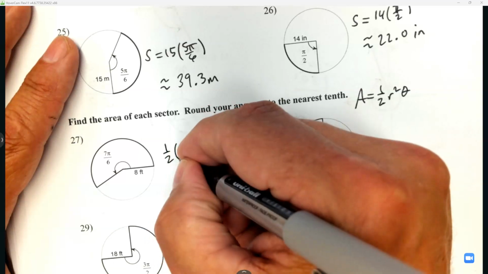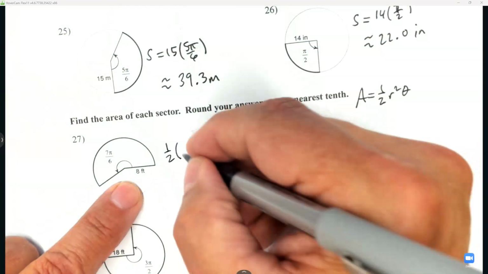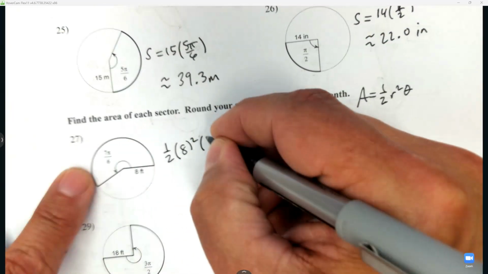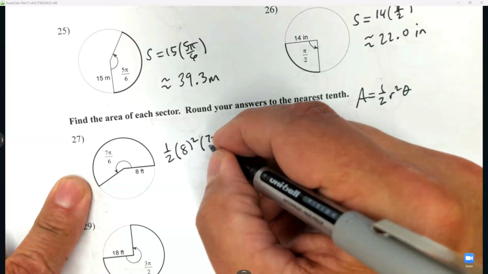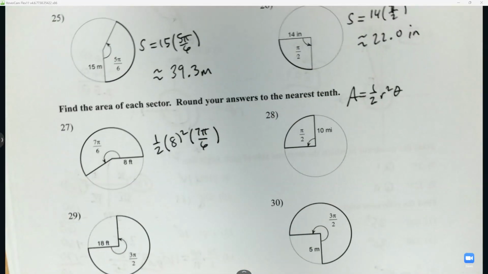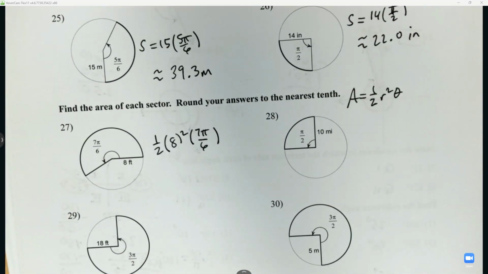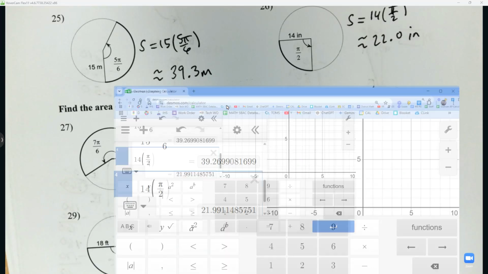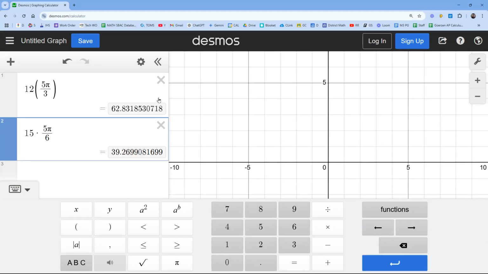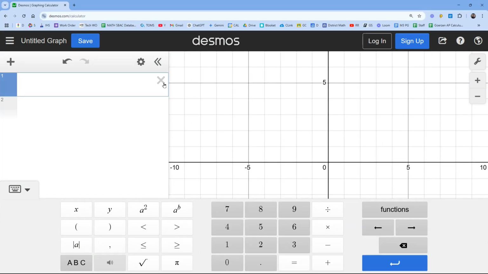So we're going to start with 1/2 the radius, and we're going to square it times the angle. And then type that into decimals. So you can either type in 1/2 or 0.5. And then 8 squared, and then 7 pi over 6.